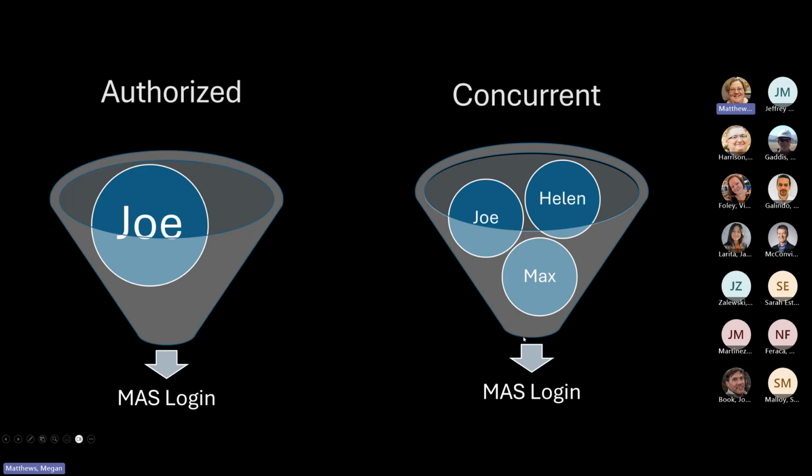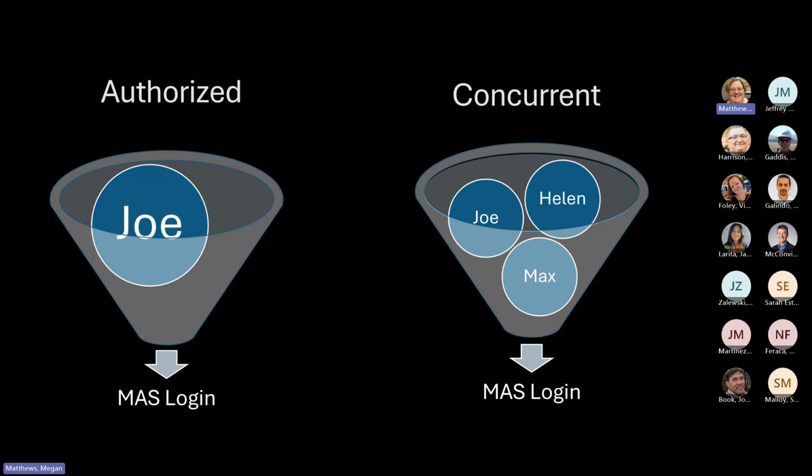So he's plugged in, closes up that funnel for everybody else until he's done, and then he'll back out and it's available for someone else to go in. Any of these three people could be logged in, but they cannot all be logged in at the same time. If you look at it as a funnel, one person's plugged it up. Everyone else who's sharing that concurrent license is not going to be able to get in.